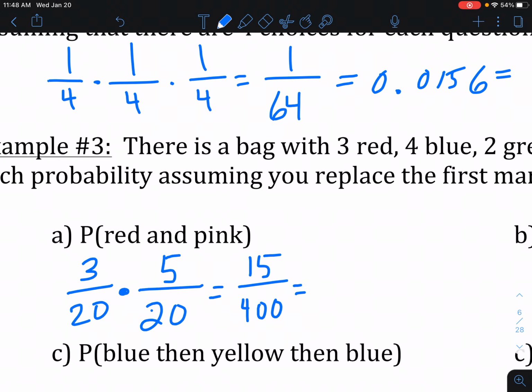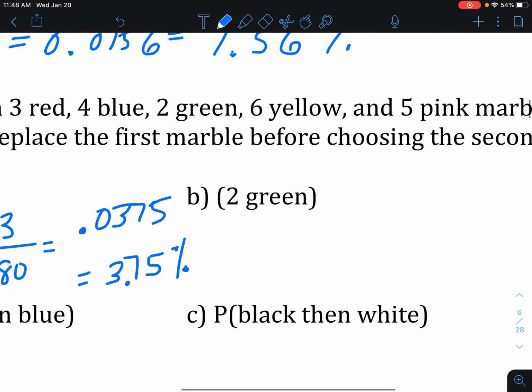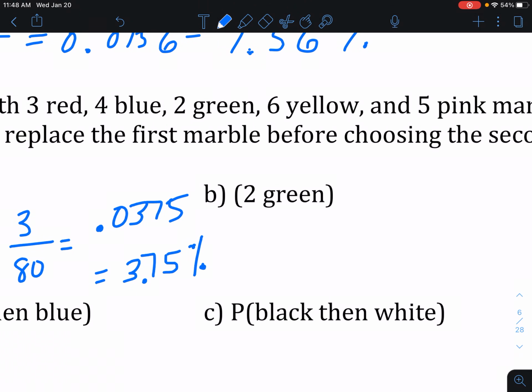Each of those numbers can divide by 5, and then you can convert it to the decimal, which would be 0.0375, which is 3.75%. If you round to 4%, that's okay, but as I've said in an earlier lesson, I prefer percentages if you don't round them to a whole number.